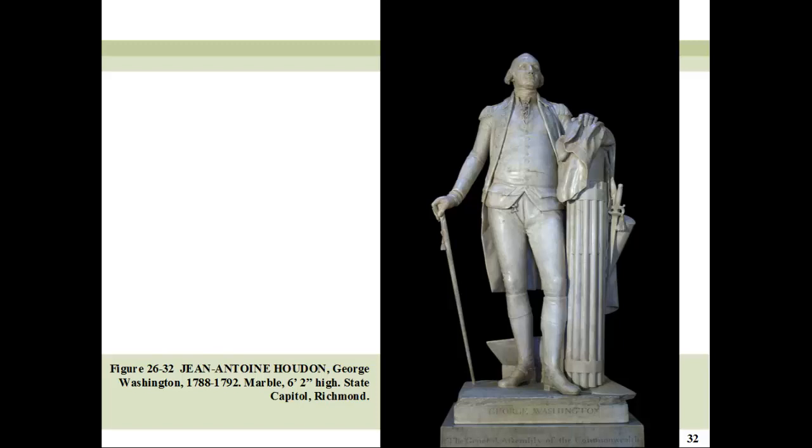His left hand rests on a bundle of 13 rods, representing the original states, which are bound with an axe face, a Roman symbol of authority. Houdon's workshop focused on producing replicas of such work as part of the cult of great men promoted by Enlightenment thinkers as models for all humanity.